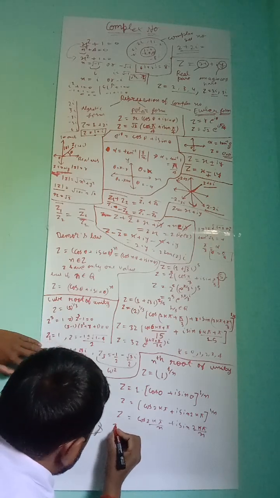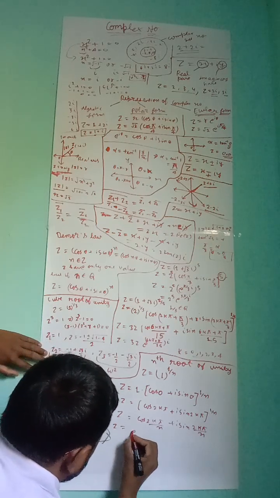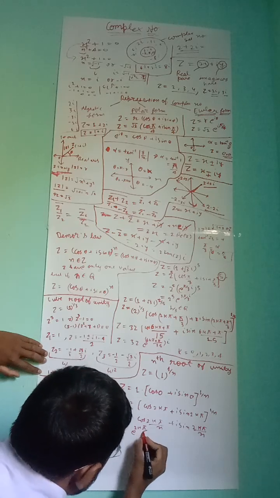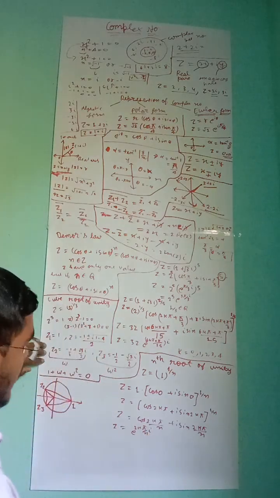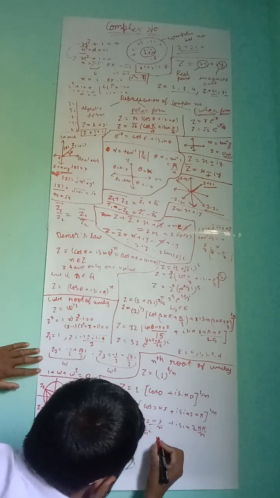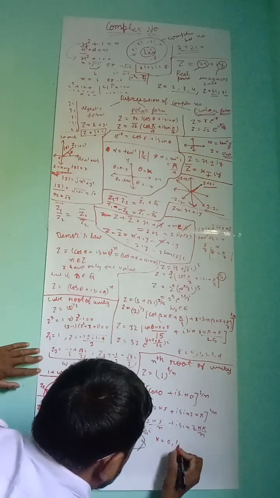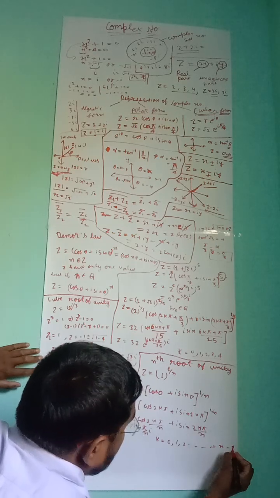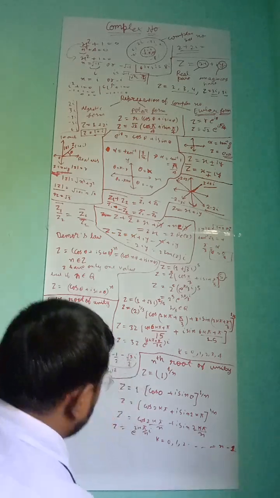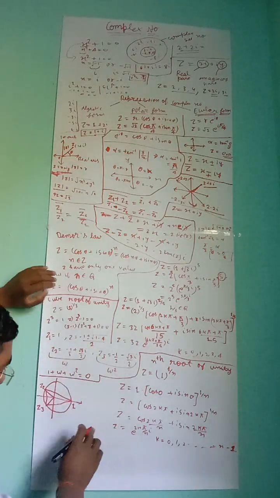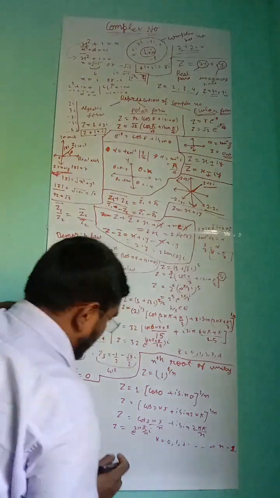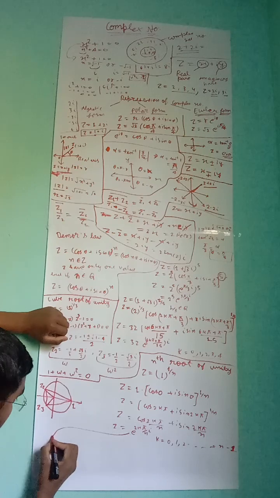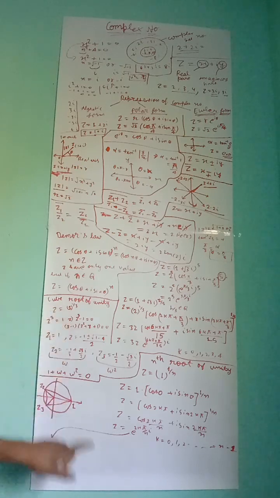So this is my e power 2kπ by n iota. What is k here? k is 0, 1, 2 up to n minus 1. If we put 0 here, then we get 1.